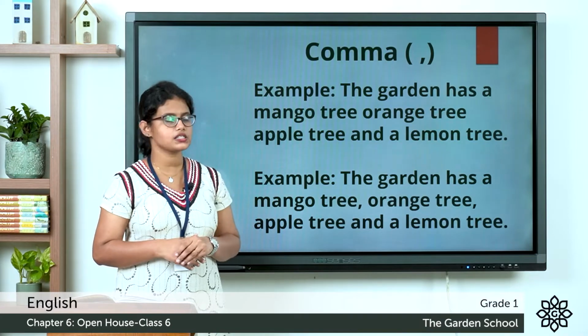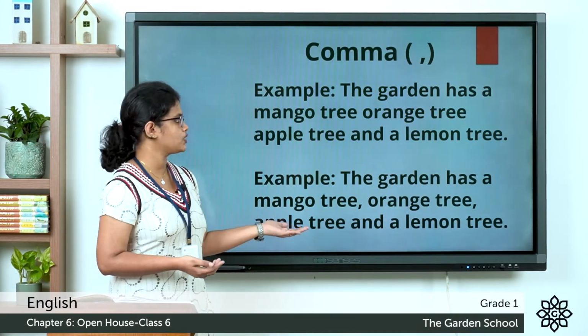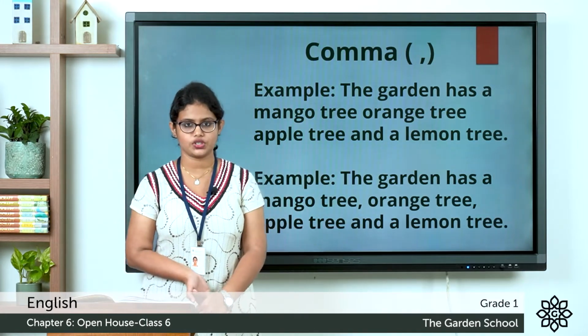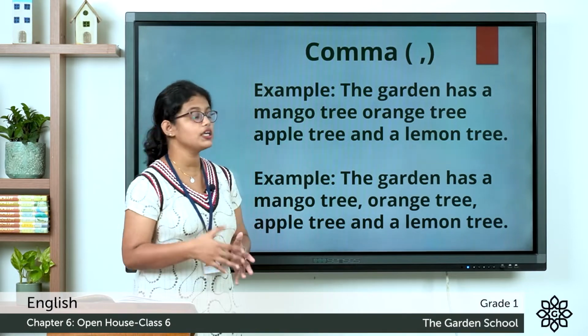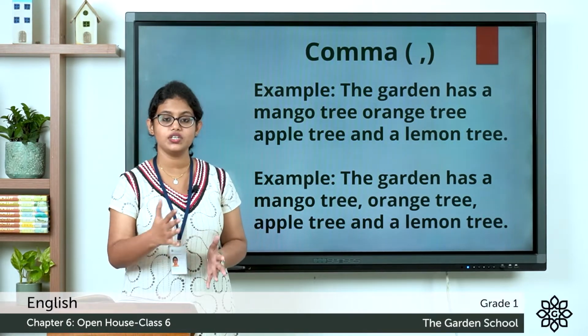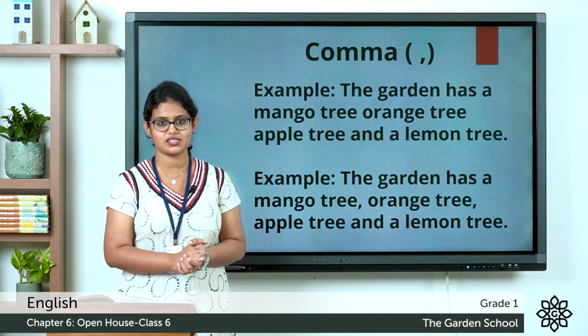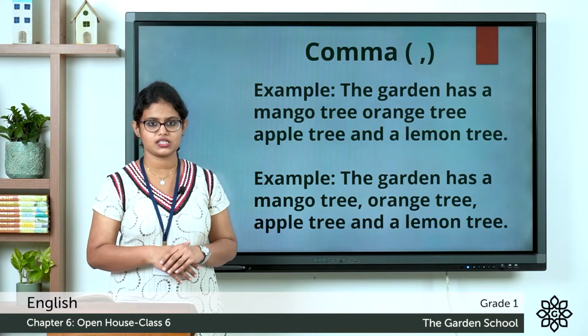The garden has a mango tree, orange tree, apple tree and a lemon tree. It tells about the garden. Here there are more than two things.